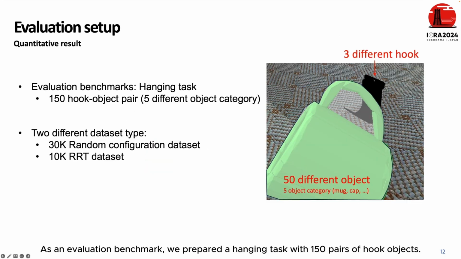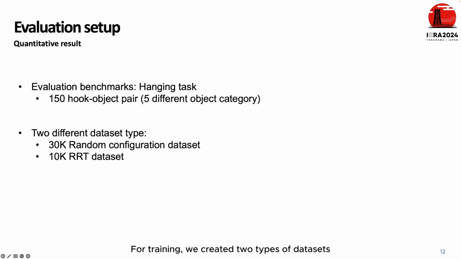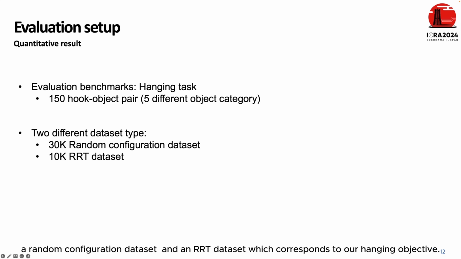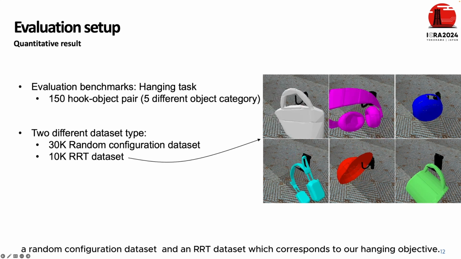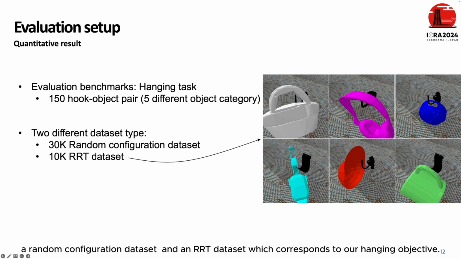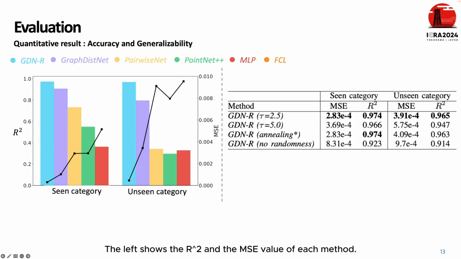As an evaluation benchmark, we prepared a hanging task with 150 pairs of hook objects. For training, we created 2 types of datasets, a random configuration dataset and an RRT dataset, which corresponds to our hanging objective. The left shows the R-square and the MSE value of each method.